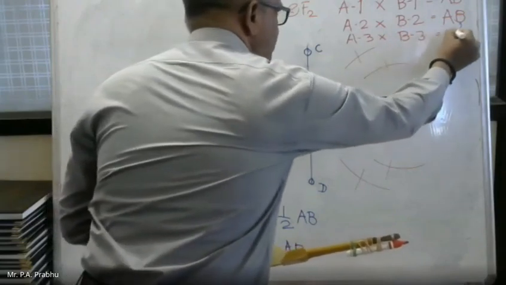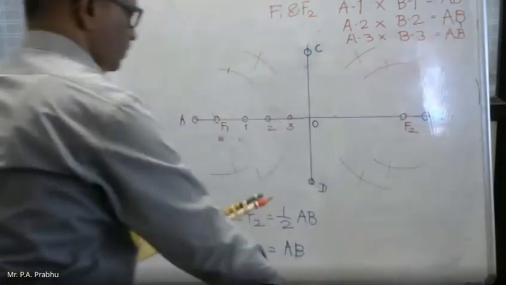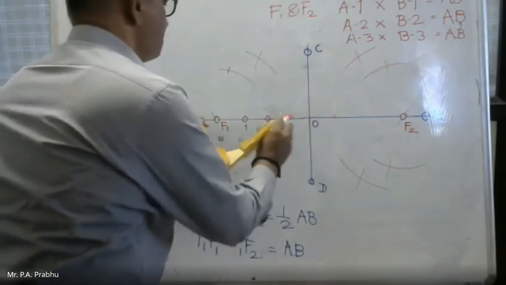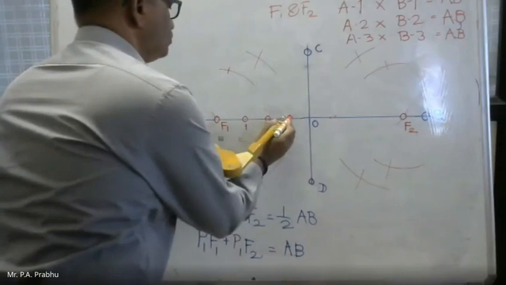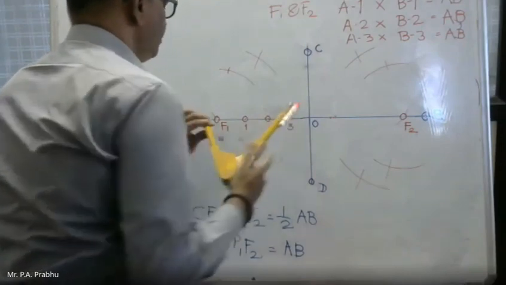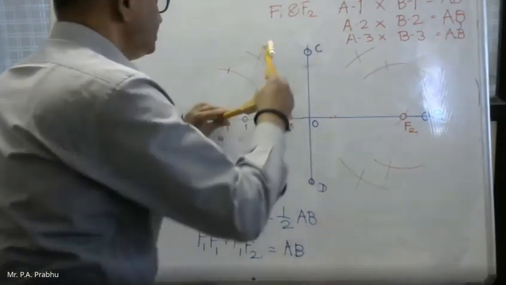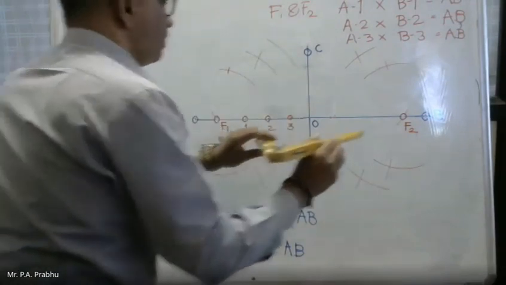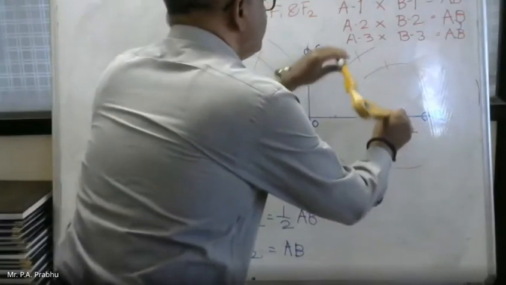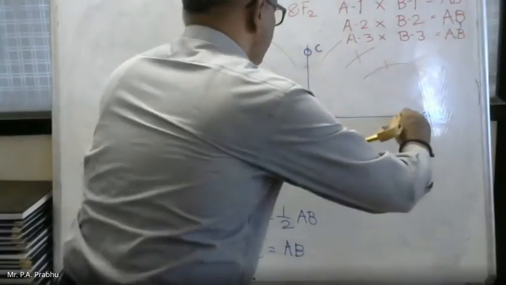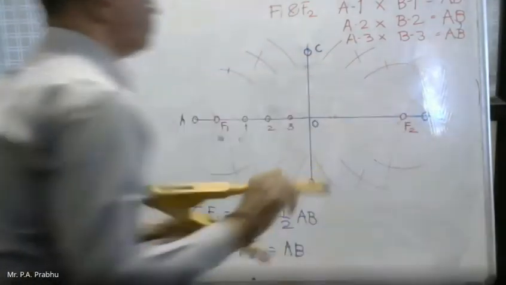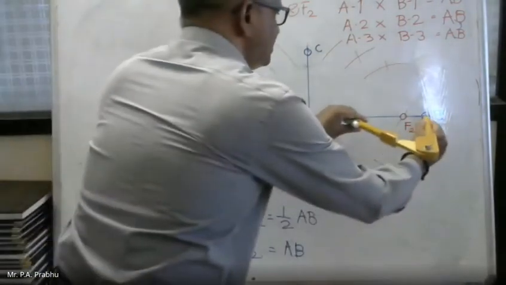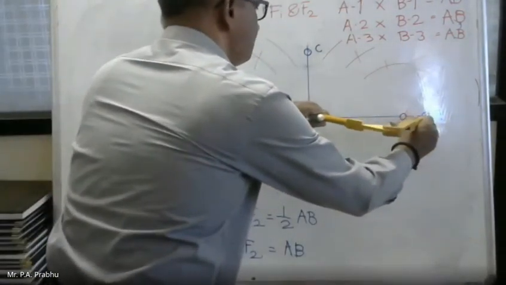So the total length must be AB. So take the radius A3, F1 as a center, F2 as a center. Then to intersect this arc, AB minus A3 will be equal to B3.